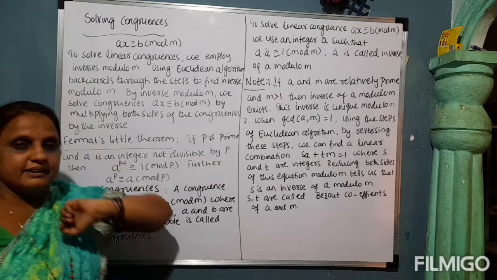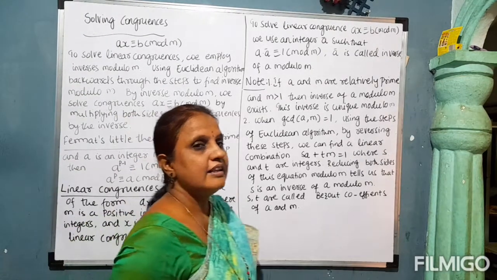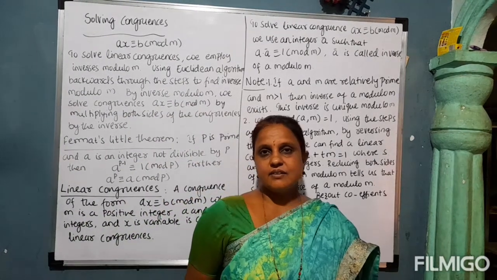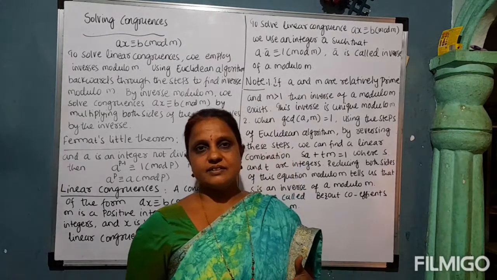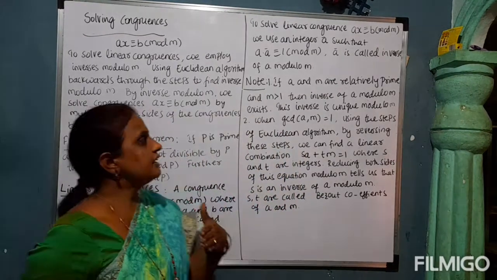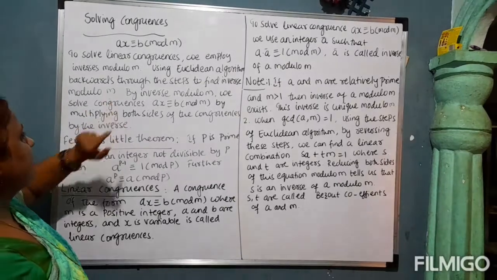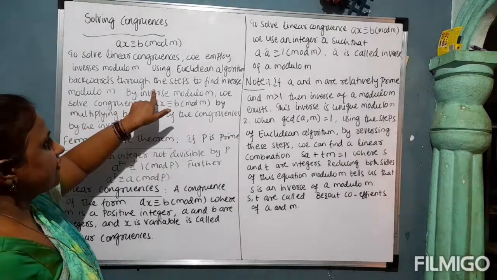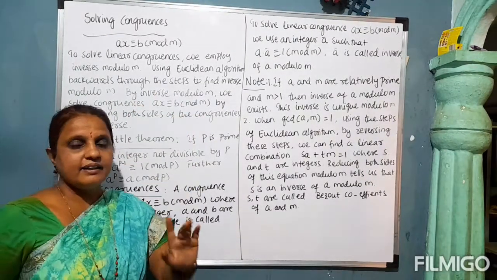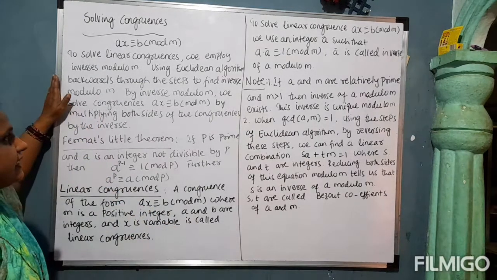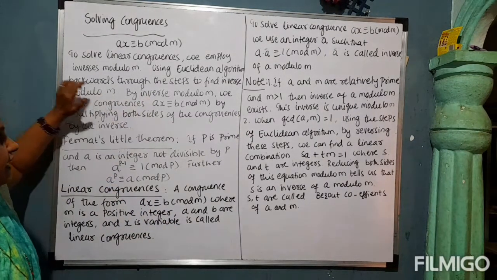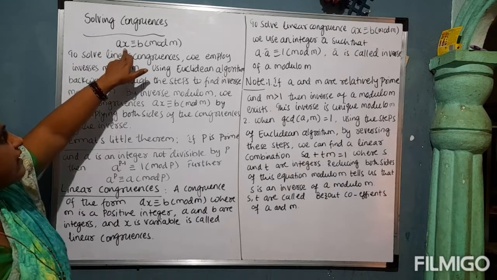The method to find x is to use the Euclidean algorithm and go in reverse order, such that we come across a value which gives that value mod m as 1. That value will be treated as the inverse, and that inverse will give us the value of x.